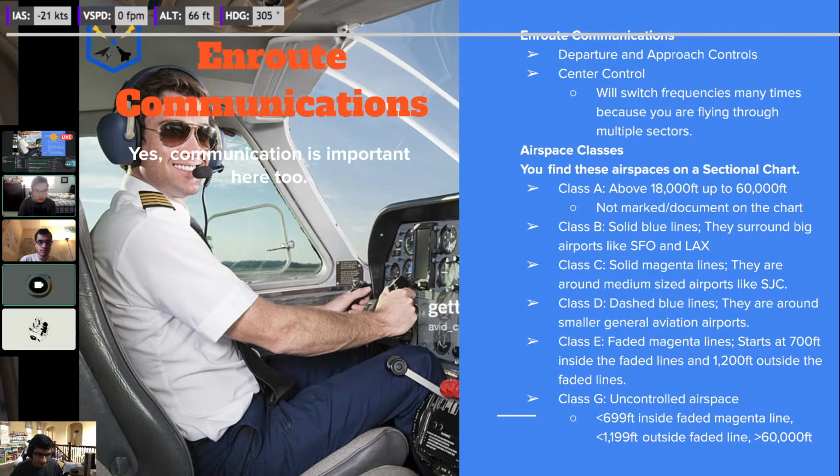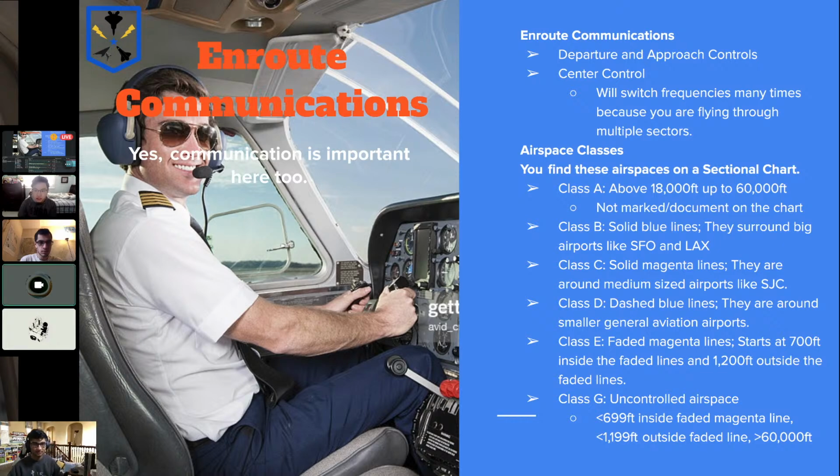So we have a lot of airspace classes that we're going to cover today. But before we cover the airspace classes, we will remind you of the en route communications, which are the departure control and approach controls. So right after you take off, tower will either hand you off to a different controller, or they will say frequency change approved, which means that if you don't need flight following, which is you requesting someone to watch you on the radar from your departure to your arrival airport, someone's just watching over you.